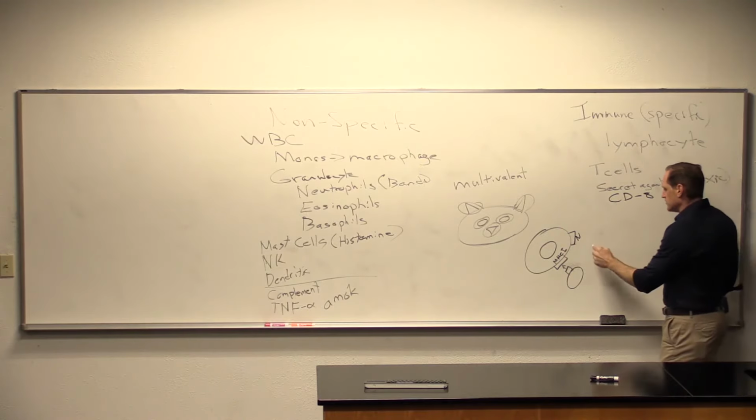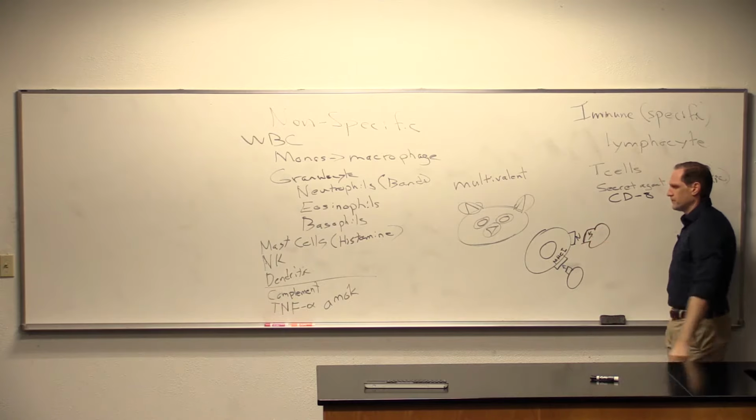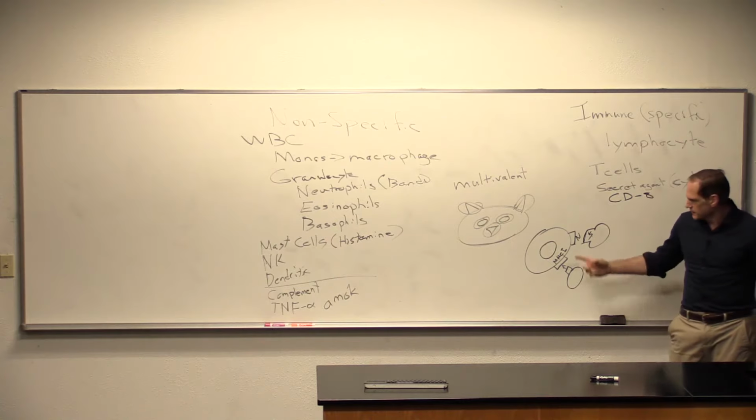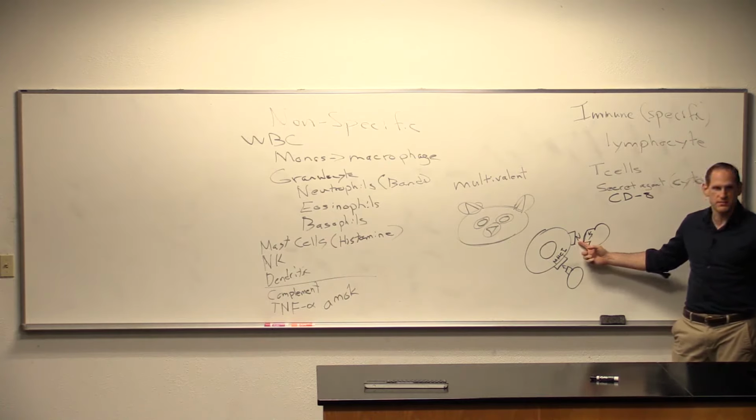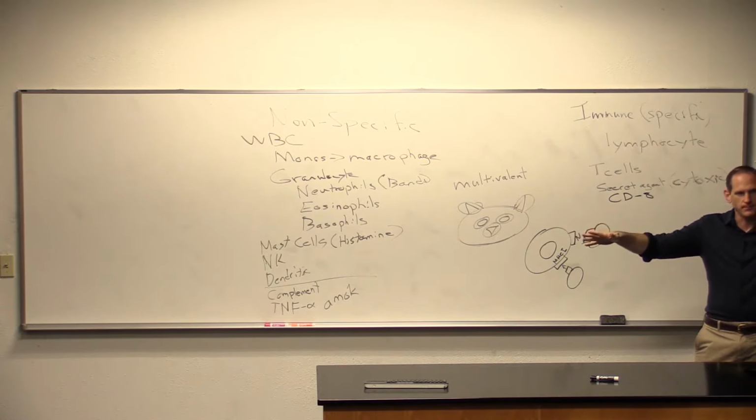The CD8 cell comes along and it says, hey, what kind of protein are you making there? And it goes, normal proteins. It's not exactly how it works, but you get the idea, right? And then the CD8 cell goes, okay, carry on, do whatever you're doing.